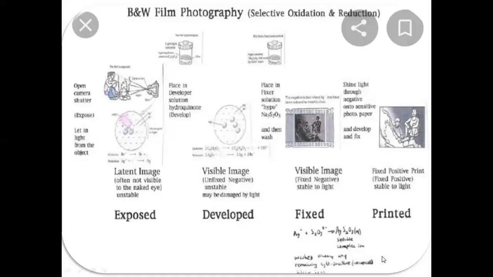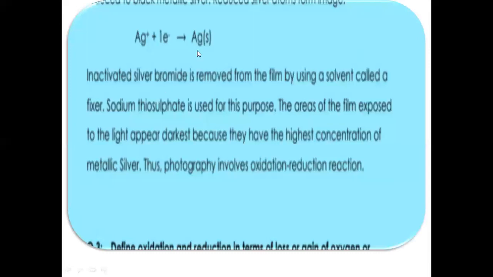Silver is reduced by gaining one electron to form solid silver. It is also called metallic silver or silver atom.